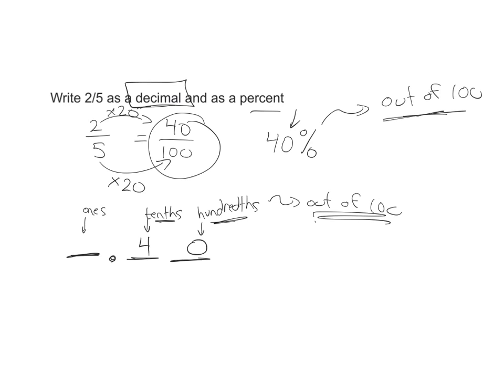So this would be 40 hundredths, or 40 out of 100. And I would just fill the ones with a 0 here. So you can see, what is 2/5 as a percent? It's 40%, and that's also equal to 0.40, or you could write this, you don't need to add the zeros at the end, 0.4. It's the same as 4/10.